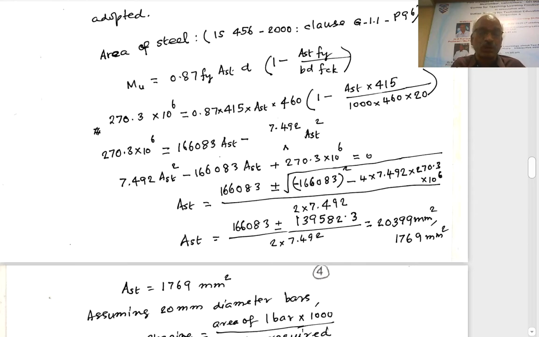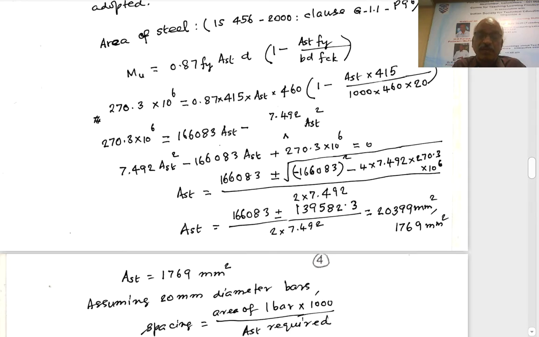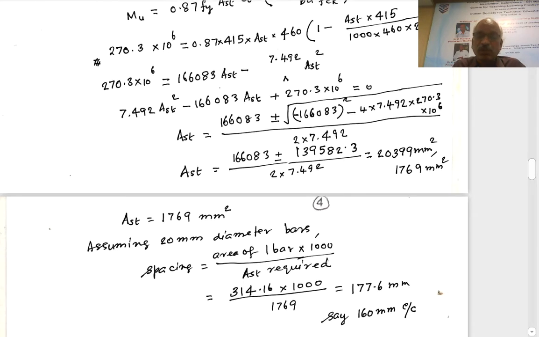Mu is already known, the partial safety factor times the moment. fy is known, we use high yield strength deformed bars, Fe 415. Ast is the only unknown. d, we just got the effective depth as 460 mm. Substituting all the values and expanding, we get a quadratic equation. Solving it, we get two roots: one root is 20,399 and the other is 1769.